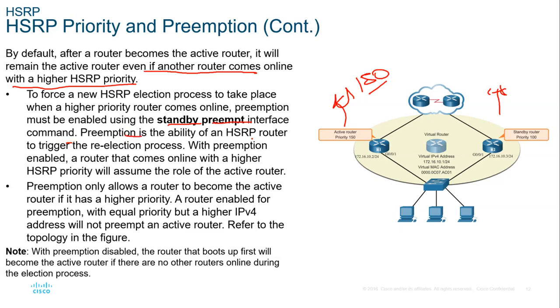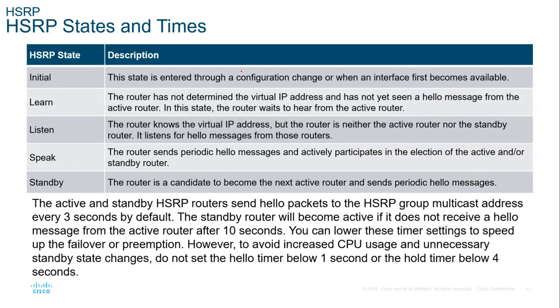Preemption is the ability of an HSRP router to trigger the re-election process. So the re-election process is going to start afresh. With preemption enabled, a router that comes online with the highest HSRP priority will assume the role of active. Once this command is added to the interface, every time you change the priority number, if the condition is met, the process is re-triggered.